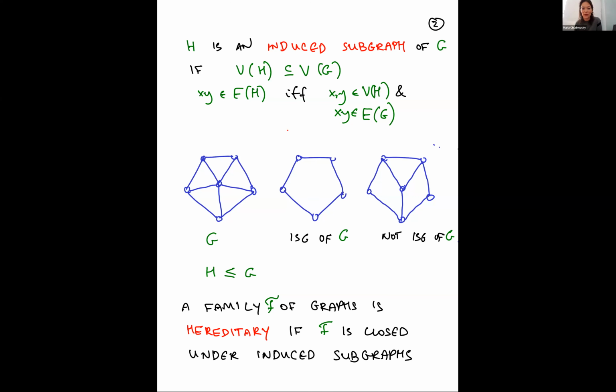Once you've committed to the set of vertices, you can't touch edges anymore. And just for terminology, a family is hereditary if it's closed under this operation, the operation of taking induced subgraphs.